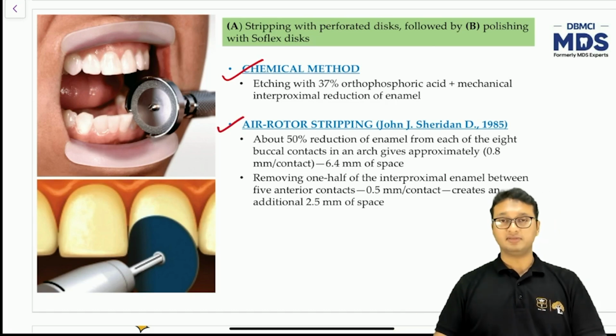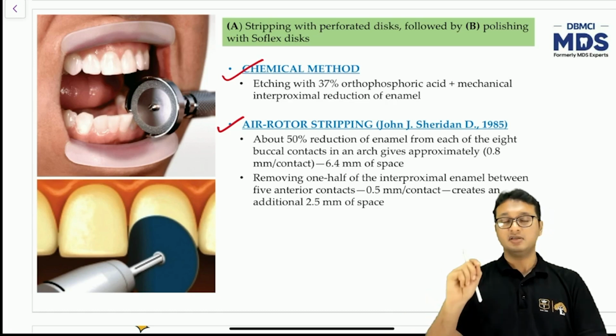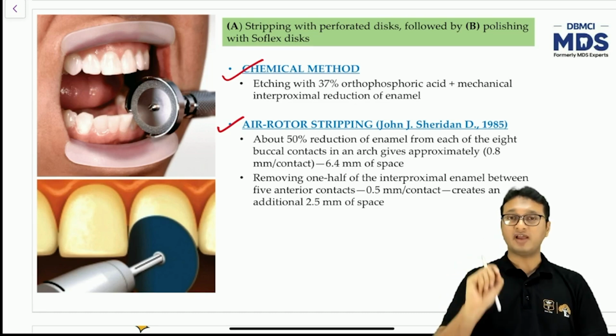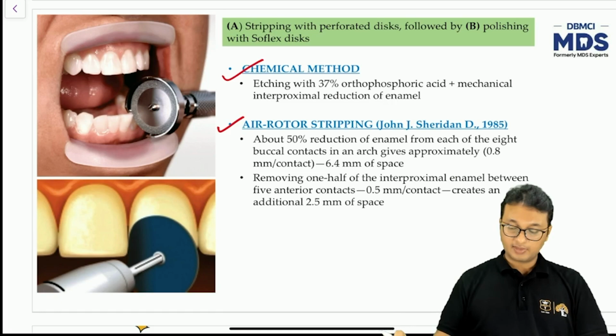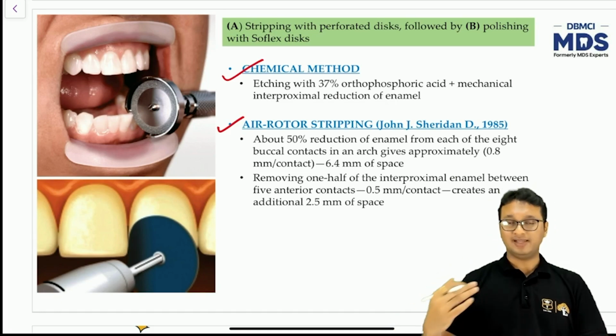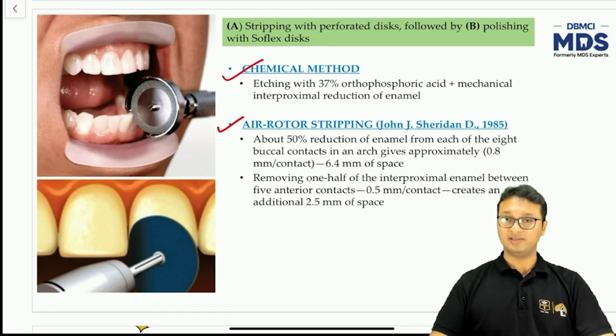Although this method, air rotor stripping, is not at all conservative. We have to have specifically designed instruments, very thin, very sharp and very fine burrs. I don't use air rotor stripping clinically in my practice, and neither do other orthodontists, because it is not at all a conservative procedure.